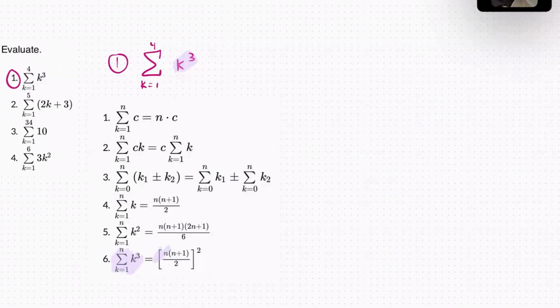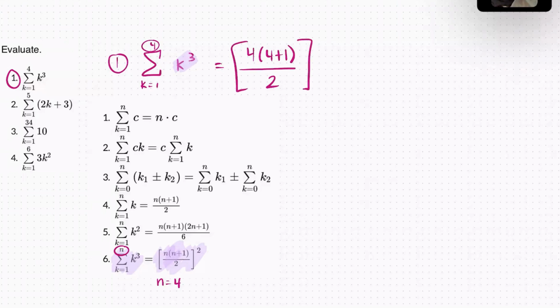So we're going to use this formula. This becomes, instead of the n, I'm going to write a 4, because that's the number up top. So this is going to be 4 times 4 plus 1 over 2, all squared.